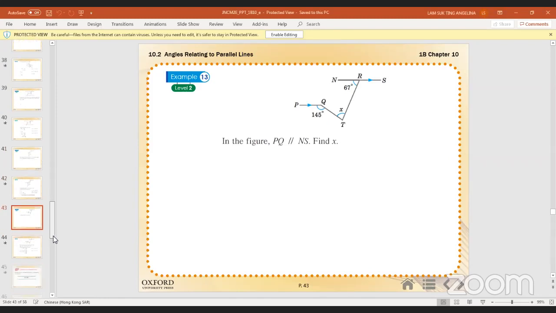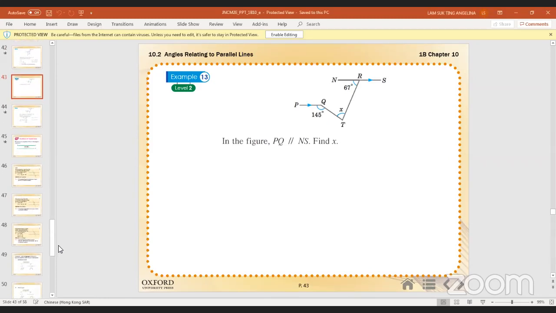Okay, how about this one? Find X. Now I remind you once again, you should have your exercise book or class book.